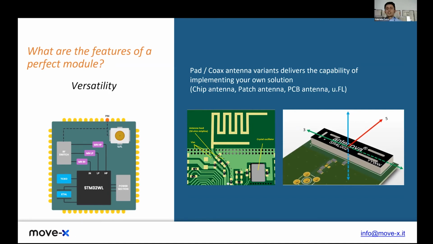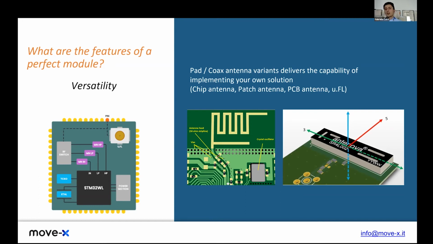That is the easiest way to implement a design, because you don't have to handle any RF component, because it is everything inside the module. You just have to attach your antenna with a micro FL connector or a micro FL pigtail, and you are on, just like that.